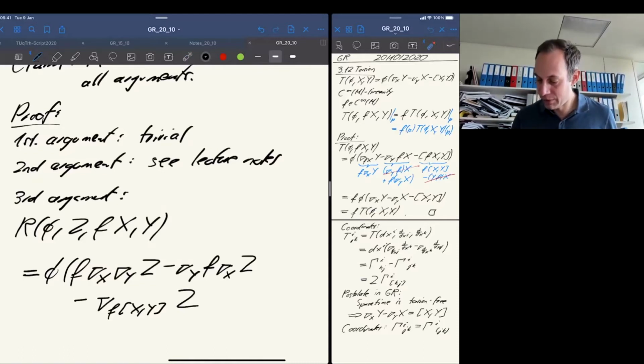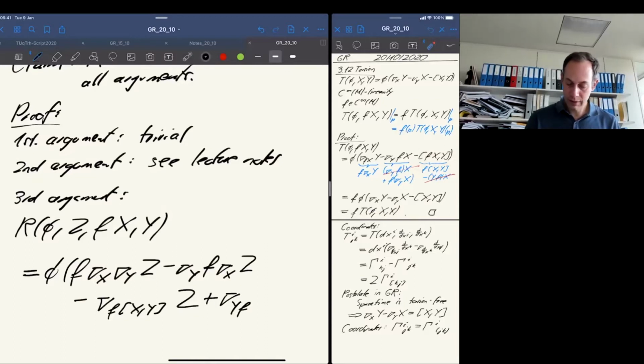So what I'm doing here is I use the same thing as here. So we know that if I have a Lie bracket, like you see here in the previous note, in the function there, that I can draw the function out. So that corresponds to this thing that I just wrote here. But now I have this additional term with a minus. So what does this mean? Because I anyway had a minus, I get again a plus. And then I have a derivative of y f applied to x and the whole thing to z. So that's essentially the derivative that comes from this term here that is thrown out of the Lie bracket.